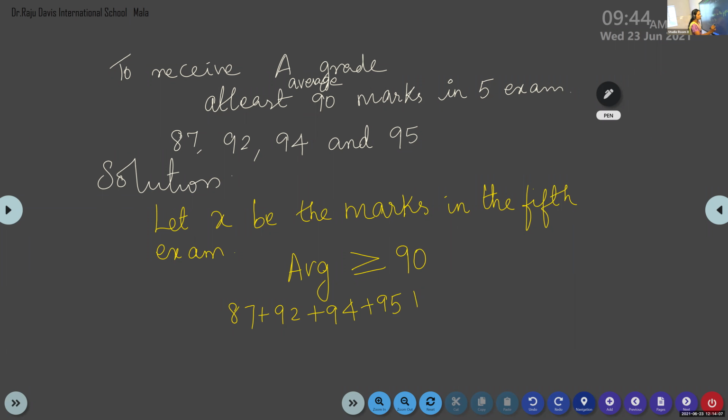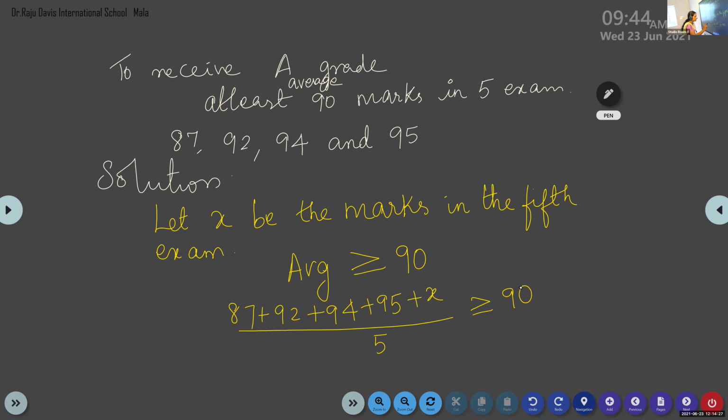The next mark we don't know, let us take it as X. Divided by 5, it should be greater than or equal to 90. Now can you simplify and tell me what is the value of X?